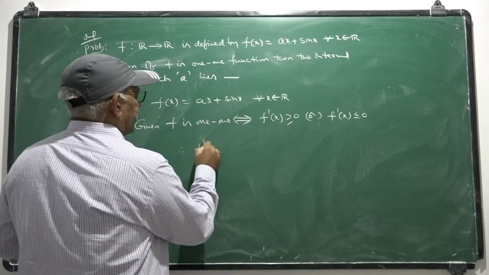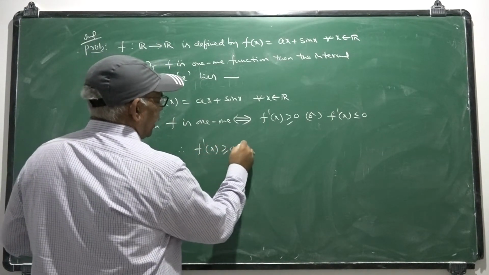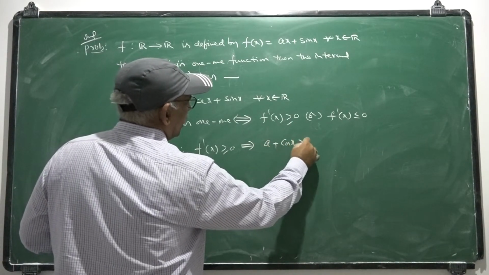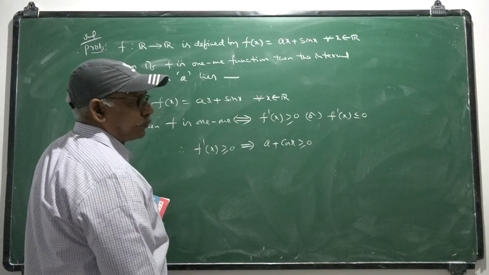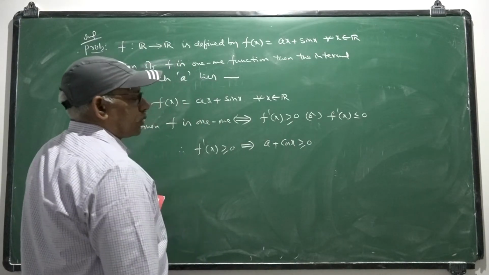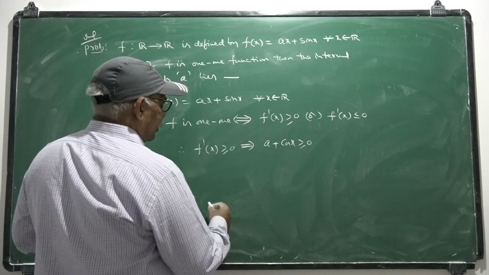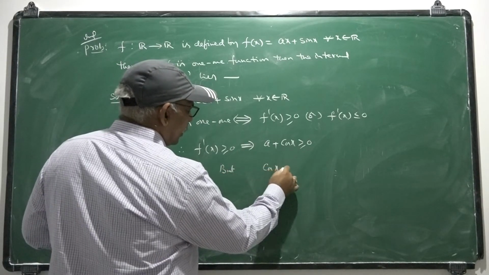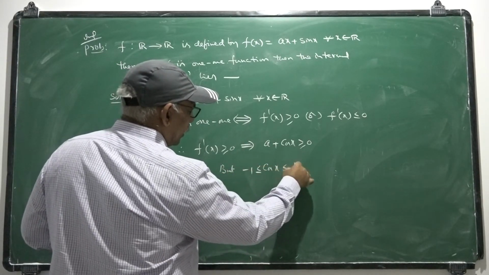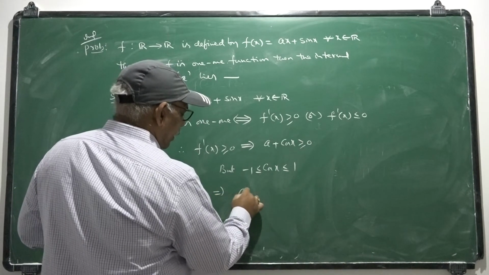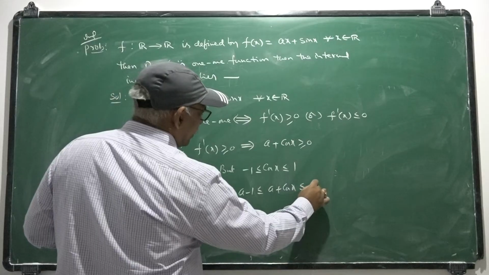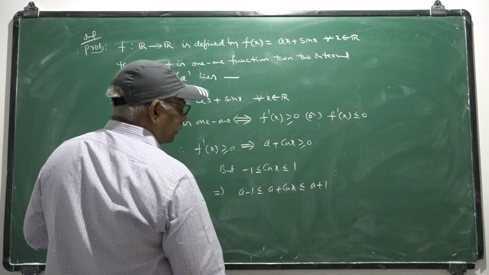f dash x greater than or equal to 0 implies a plus cos x greater than or equal to 0. But cos x lies between minus 1 and 1, which implies a minus 1 is less than or equal to a plus cos x, which is less than or equal to a plus 1.